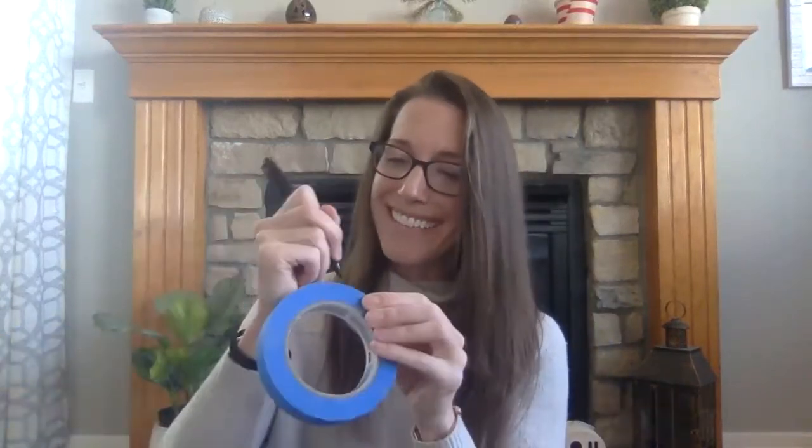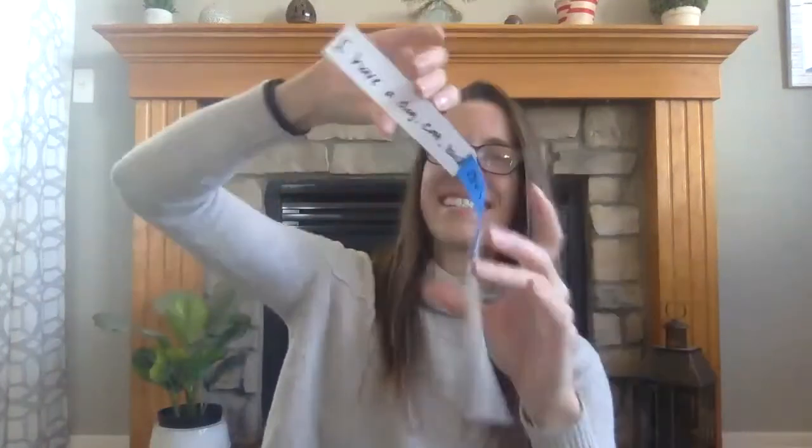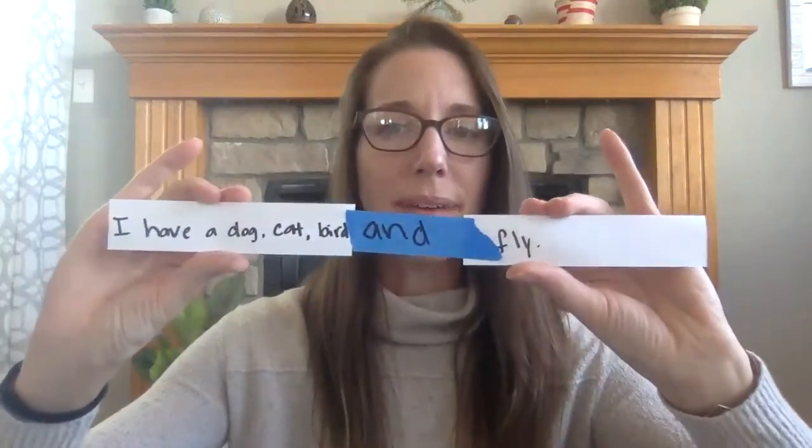Bird. And there's our conjunction, combining things together. And fly. There it is. I have a dog, cat, bird, and fly. Look at my and.